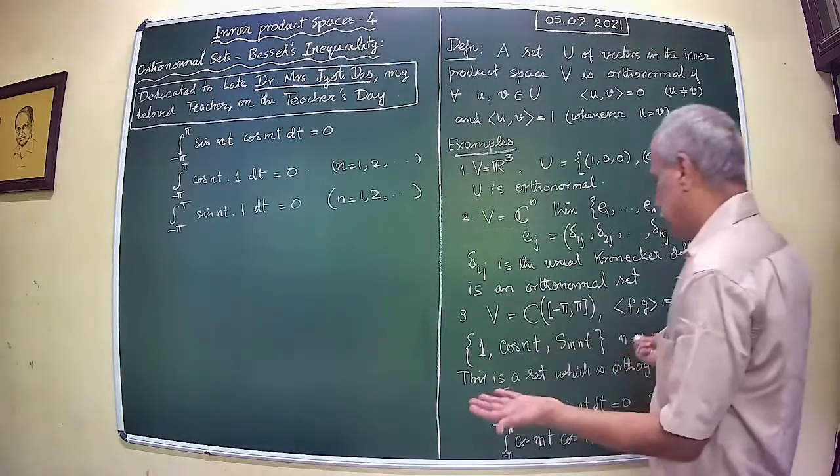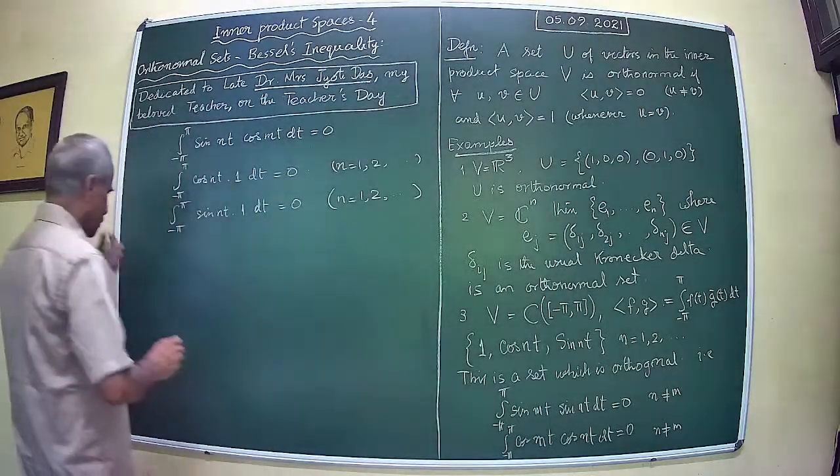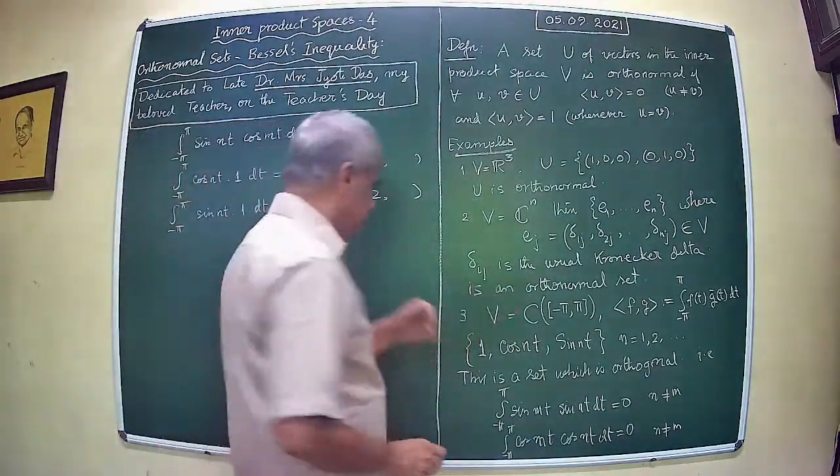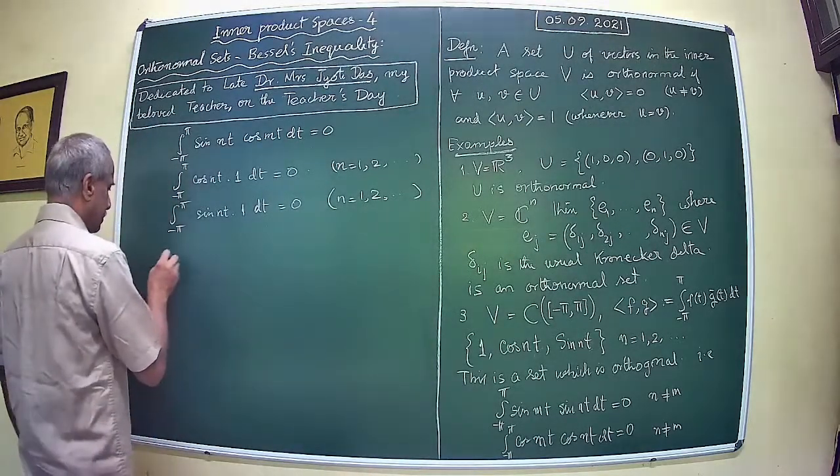Now what you do is you can normalize this. Okay. So you normalize each of these. What you do is 1.